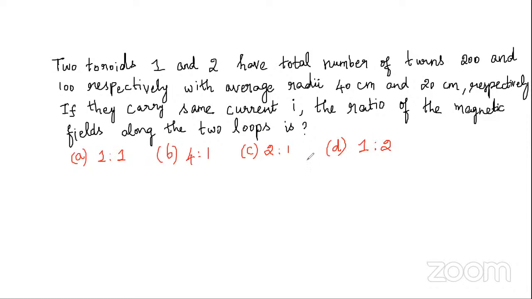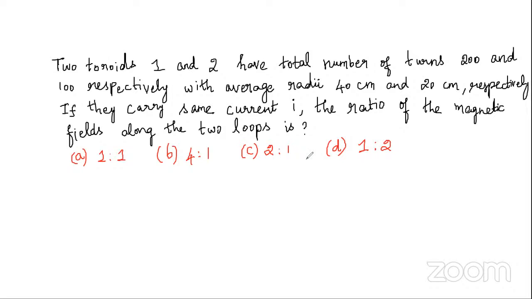So this is the question. We have the two toroids, and they have given us the total number of turns, 200 and 100 in both the toroids respectively, and their average radii also they have given. So if they carry the same current I, the ratio of the magnetic fields along the two loops is.